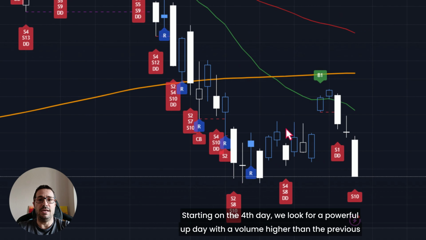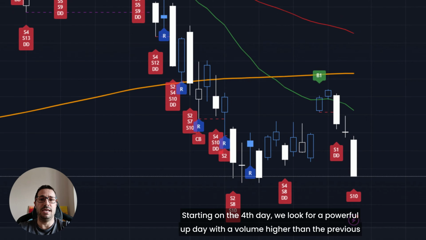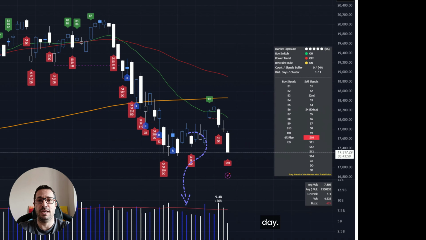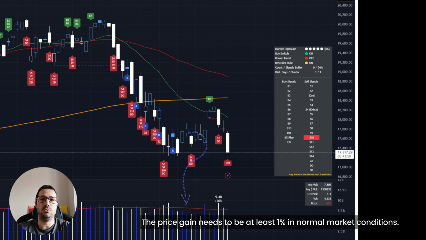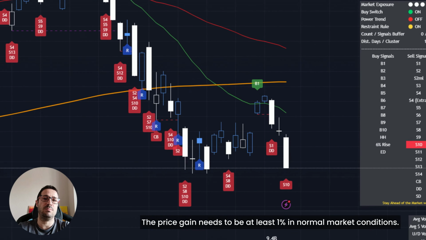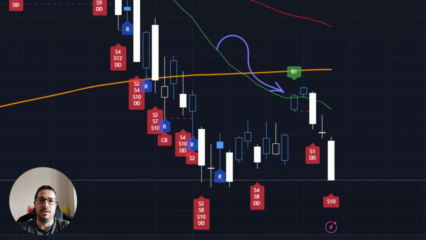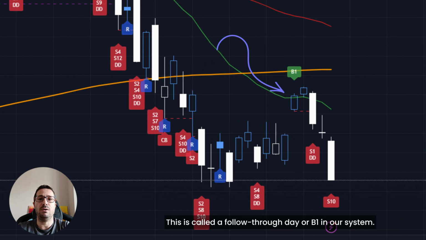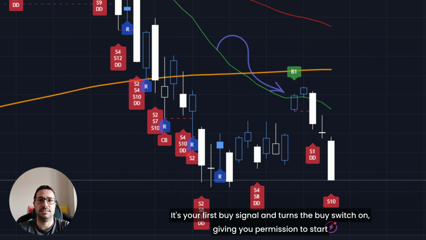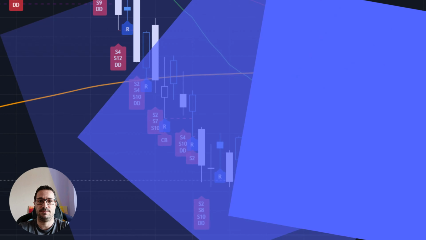Starting on the fourth day, we look for a powerful up day with a volume higher than the previous day. The price gains need to be at least 1% in normal market conditions. This is called a follow-through day or B1 in our system. It's your first buy signal and turns the buy switch on, giving you permission to start buying stocks.